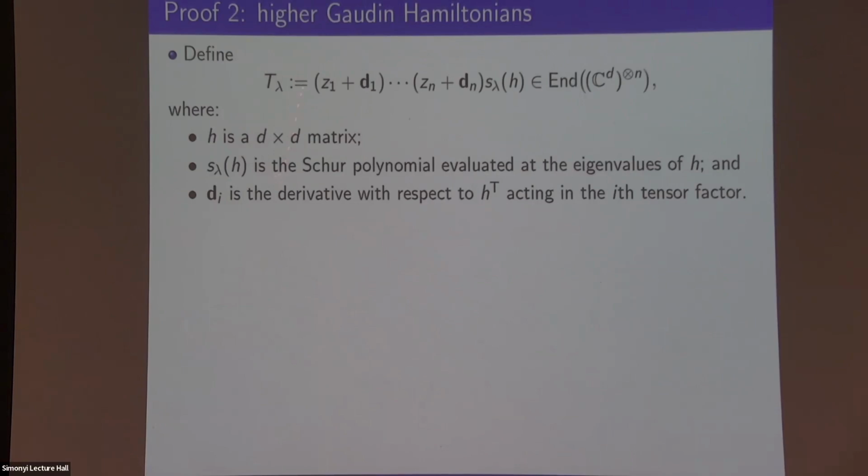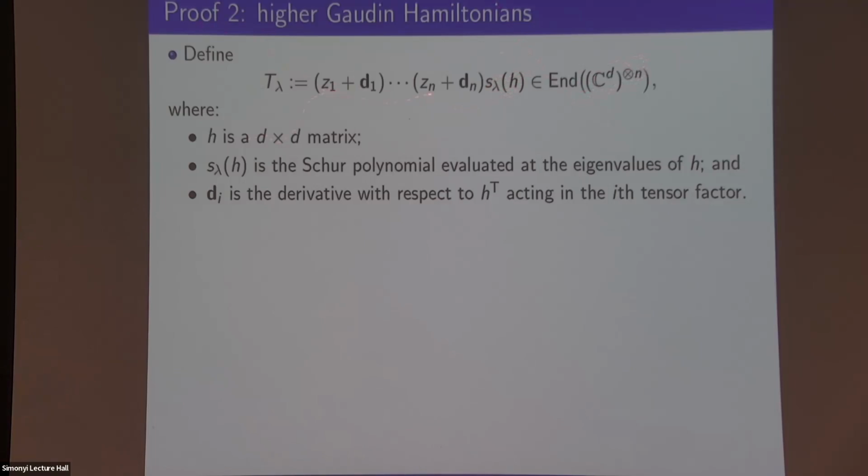In particular, we're going to consider these operators T lambda, indexed by partitions lambda, called higher Gaudin Hamiltonians. These act on this vector space, C^d tensored with itself n times. H here is a d by d matrix, and s lambda of H is the Schur polynomial in the eigenvalues of H.